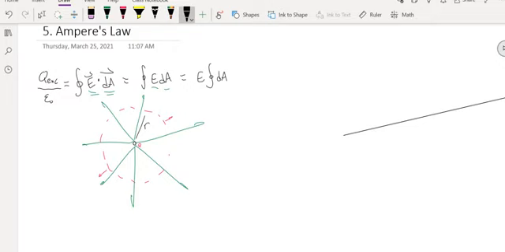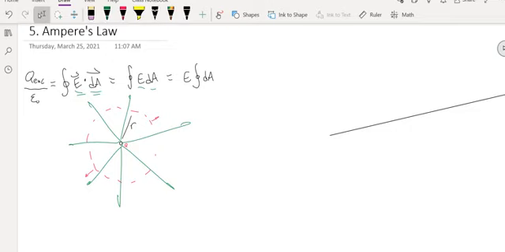So what's the surface integral over our sphere? That's 4 pi r squared. We're aware of what the surface area of a sphere is. Now we have our net flux, E times 4 pi r squared, and that's equal, per Gauss's law, to Q enclosed over epsilon naught.